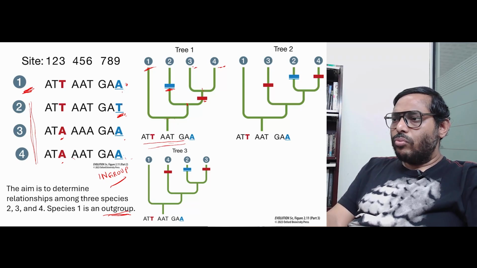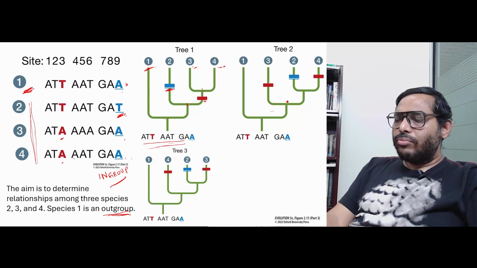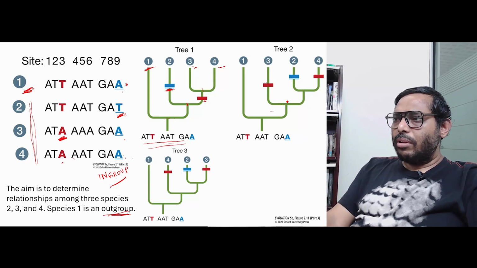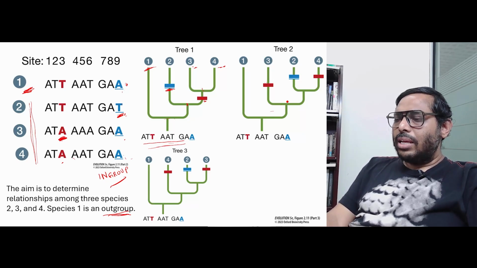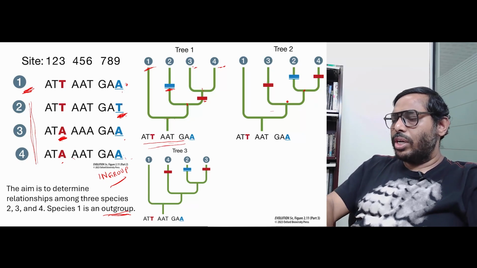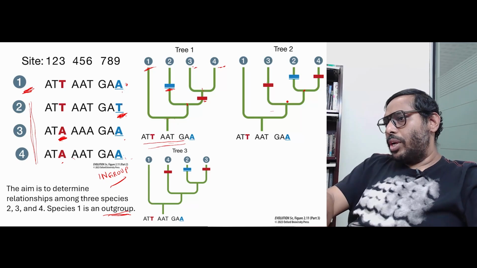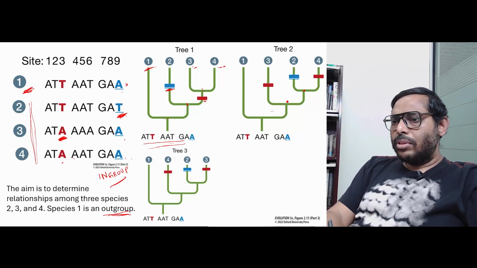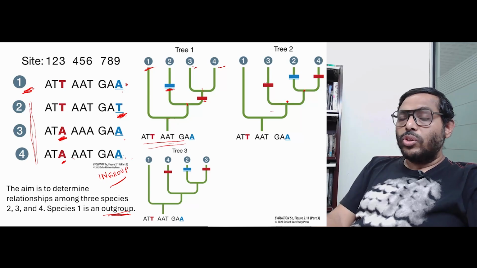So, in tree number 2 we can assume that this is the outgroup split, and after that there is a common ancestor for 2, 3 and 4, and for this common ancestor one lineage had this mutation, this 3rd position T becoming A, and in the other lineage again there was one split over here, one common ancestor, and this lineage over here has this 9th position mutation, and the other one has again the same 3rd position T goes to A mutation.